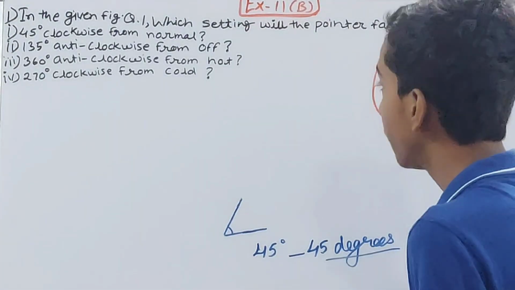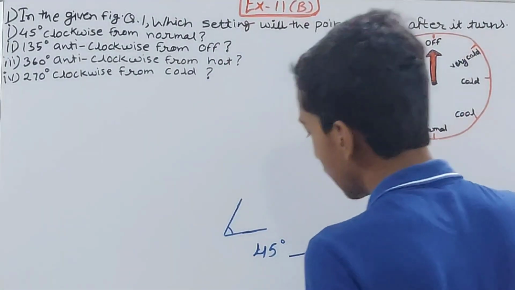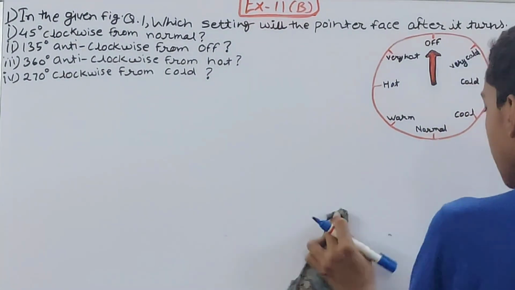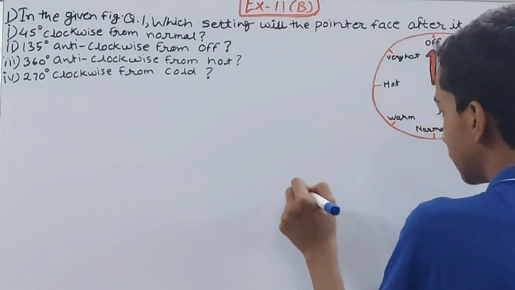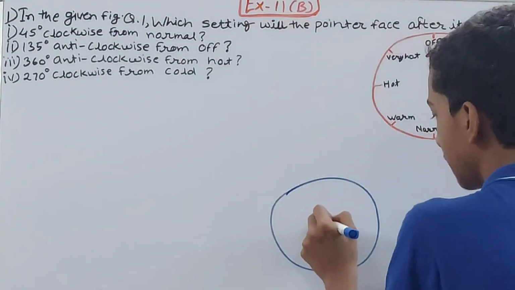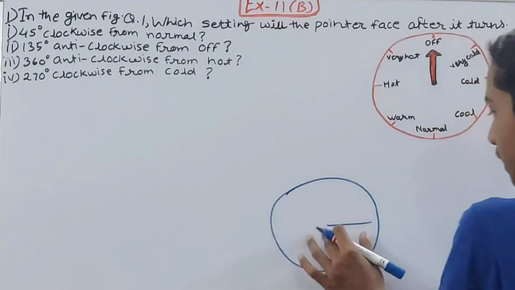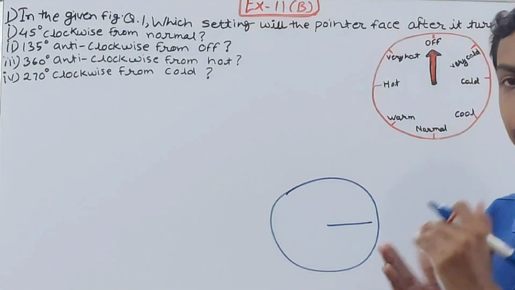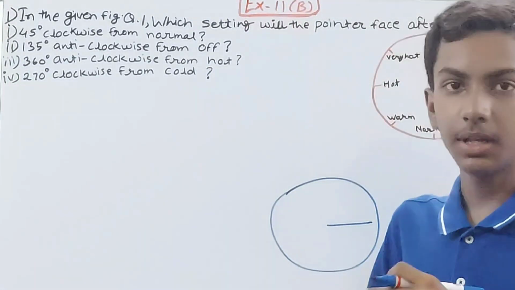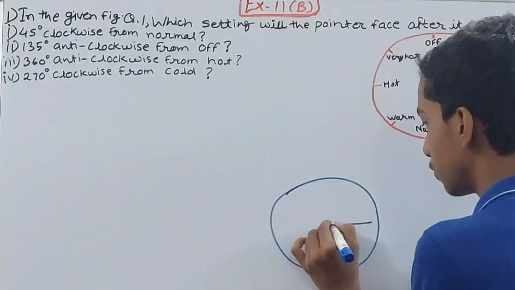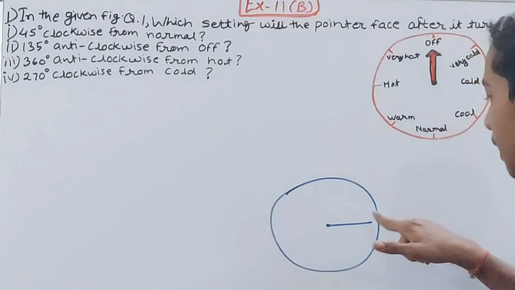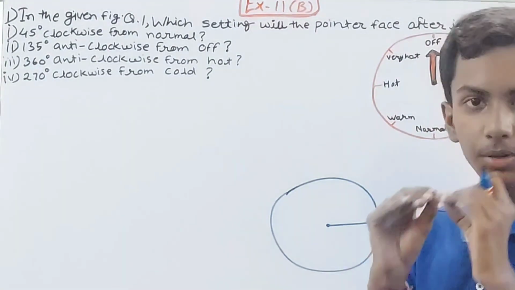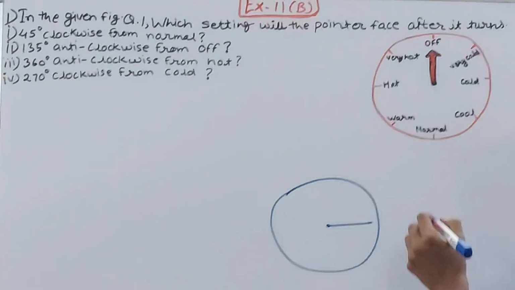Now we are going to understand what revolutions are. Forget about these angles for now. I will make a very simple example: a circle, and inside the circle there is one pointer like this. This is my start. When the pointer has not moved in a circular rotation, when we are at the original position only, it is at 0 degrees.